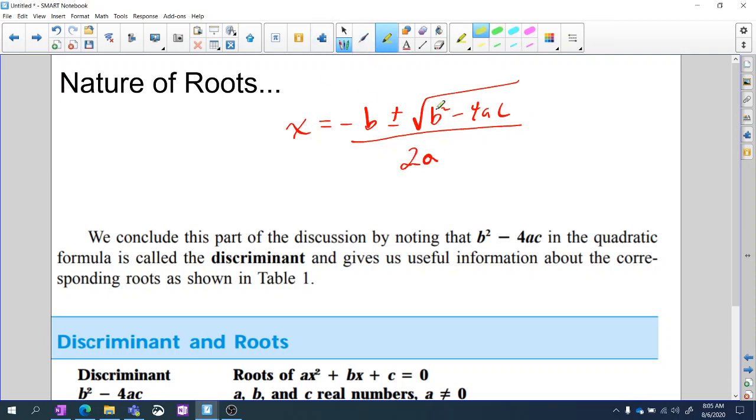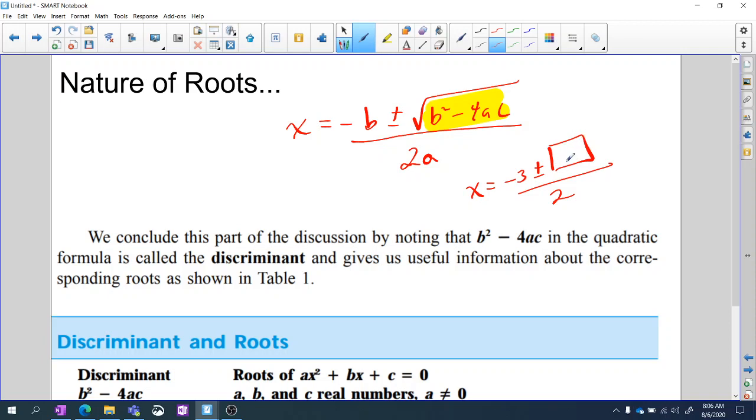It's determined that this quantity underneath the square root sign is the determining factor in whether you get one solution, 2 solutions, or no solutions. So why is that? Well, I want you to think about, if you had the formula x equals, and let's put some numbers in. Let's say it was -3 plus or minus, and let's say you had a 2 down here.